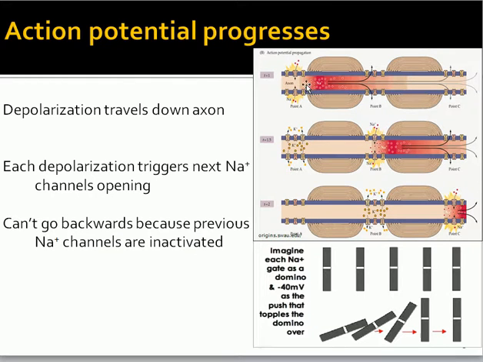So in this case, positive comes into the cell. There's sodiums inside the cell anyway, so they push those positive sodiums along, push them along, until they hit here, and now they've made this so positive that it's going to reach threshold and start the whole process over again. This is going to be depolarized. That's going to cause the sodium and potassium channels to open. The sodium is going to cause influx of sodium.